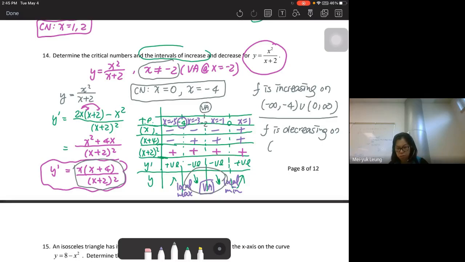Sometimes they will give you the answer option from -4 all the way to 0. So they actually include the vertical asymptote point. I guess it's not perfect, and I don't like it that way. For me, I still want to keep it in two separate intervals for the decreasing interval: from -4 to -2 and -2 to 0.